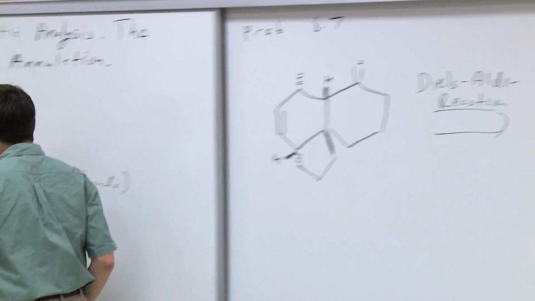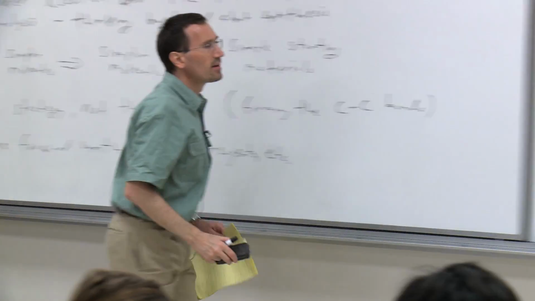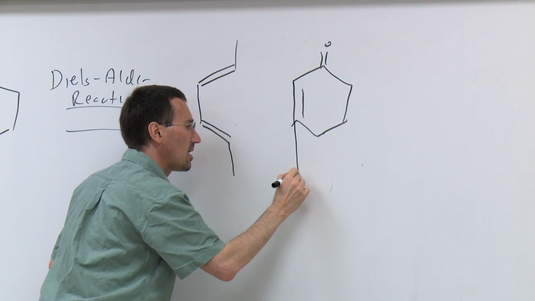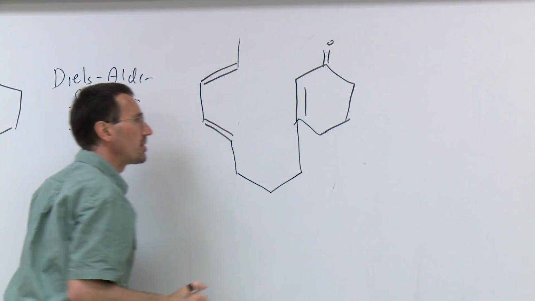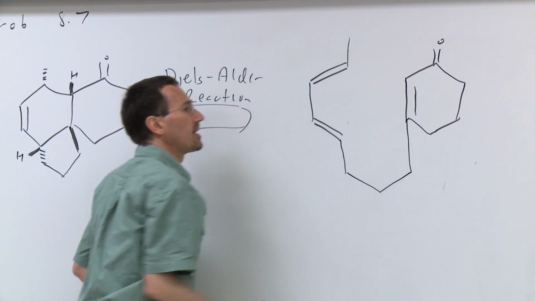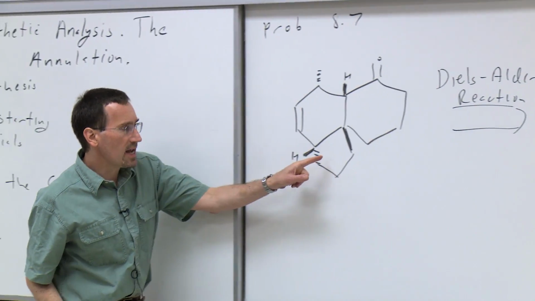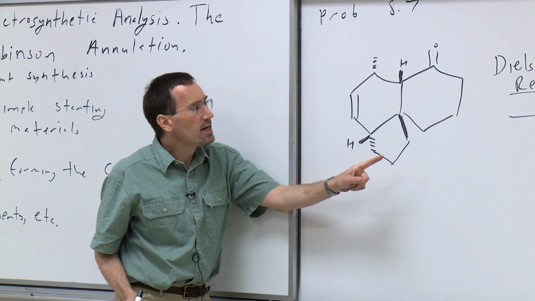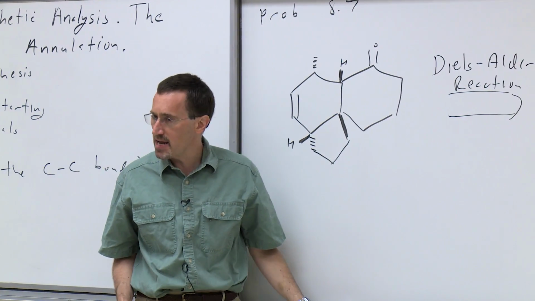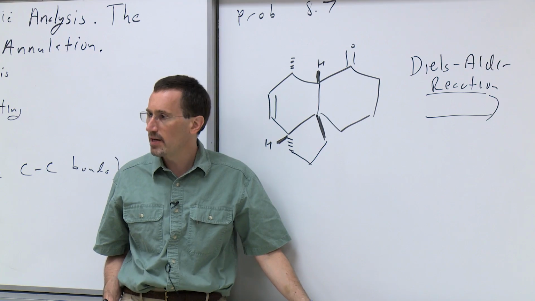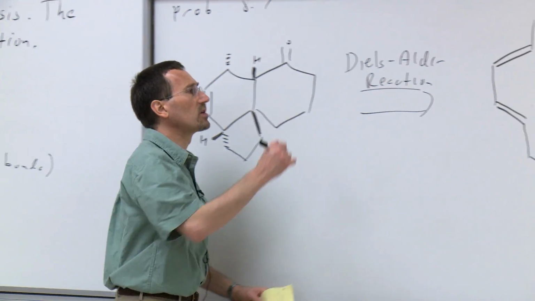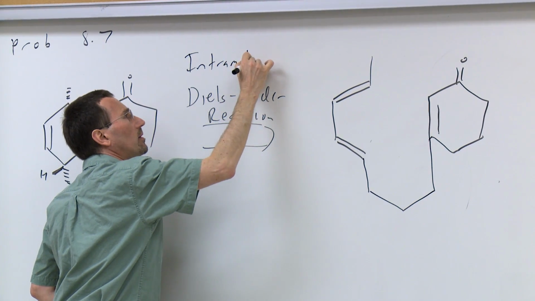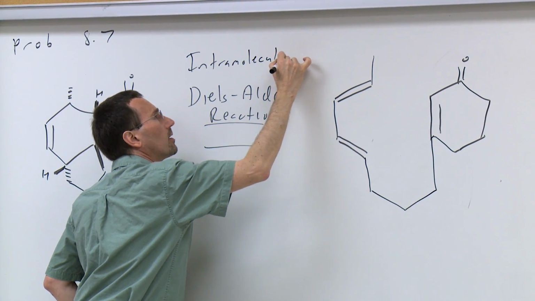What's defining about this particular example is that we're going to need a 3-carbon tether, 1, 2, 3, to connect the diene to the dienophile. In other words, this is what we would call an intramolecular Diels-Alder reaction.